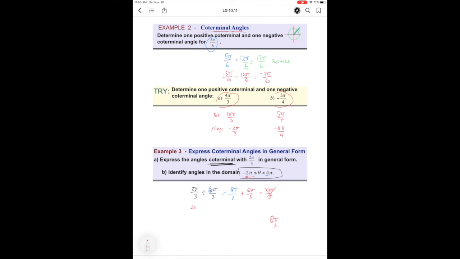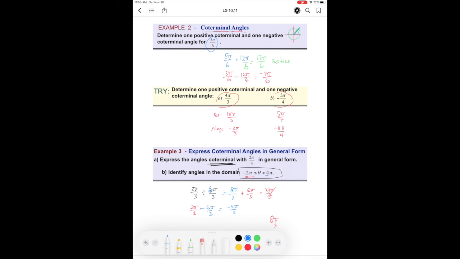So let's go the negative direction. So I'm going to go 2 pi over 3, and I'm going to subtract 6 pi over 3. And what do I get? Negative 4 pi over 3. And negative 4 divided by 3 is negative 1.33, so that's good.